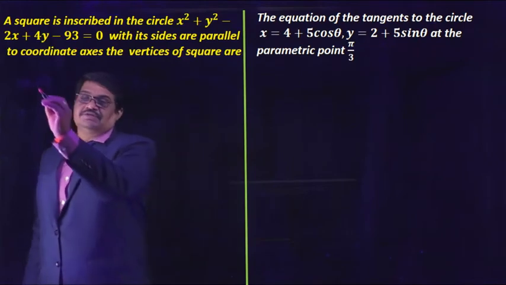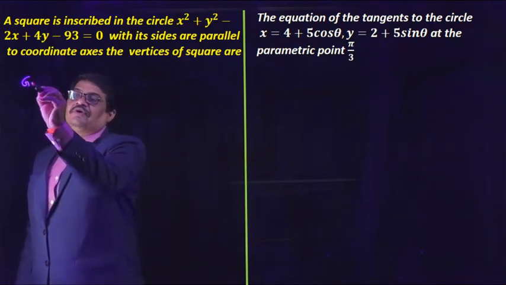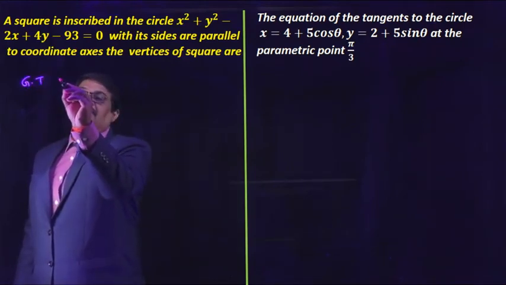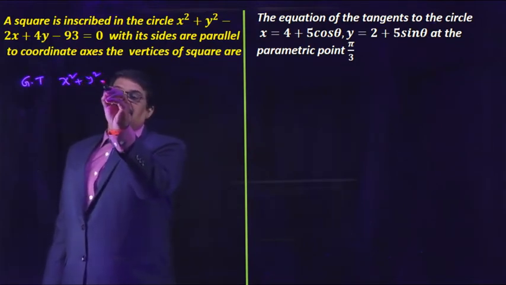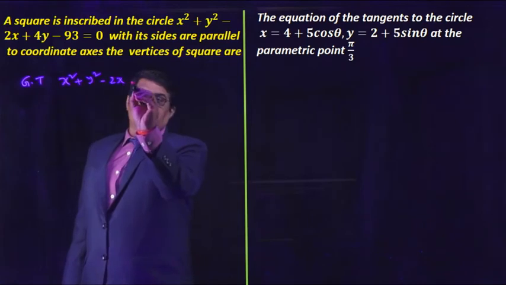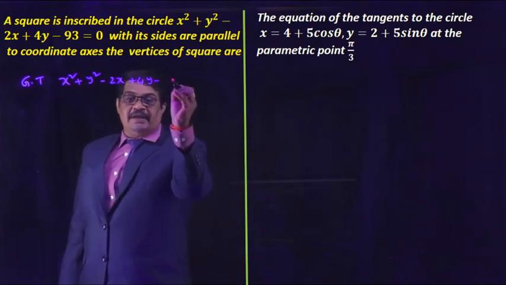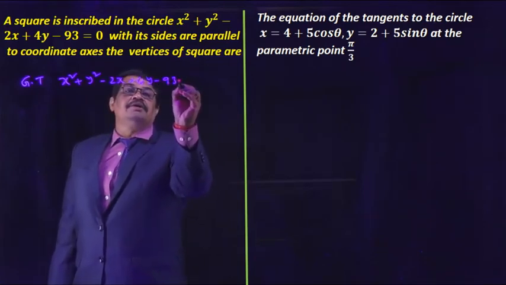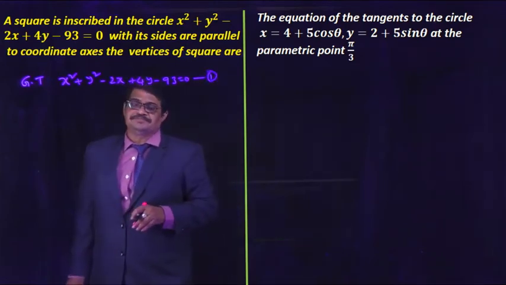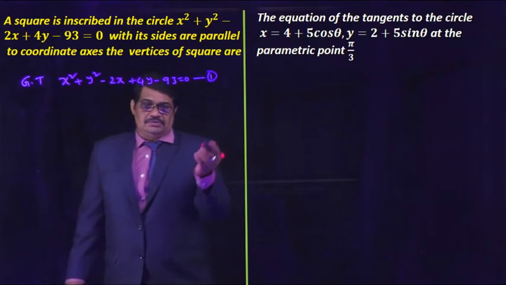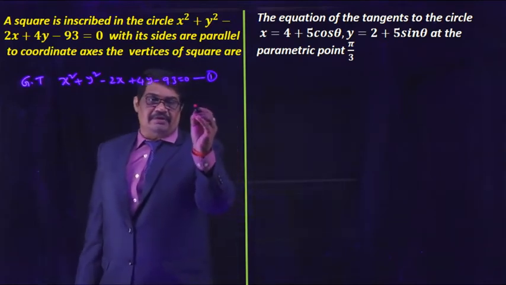See the solution. This is the given circle: x squared plus y squared minus 2x plus 4y minus 93 is equal to 0. Look at the diagram.